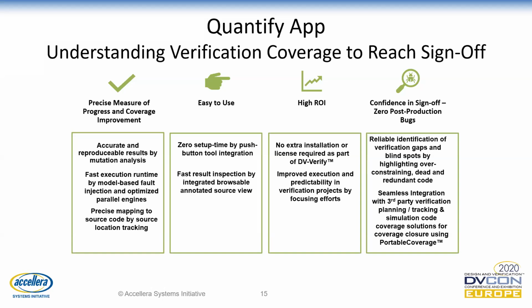On the ROI side, it comes together with the assertion checker, so there is nothing on top of it. More interesting is the sign-off side, where Quantify provides a reliable identification of verification gaps and blind spots.